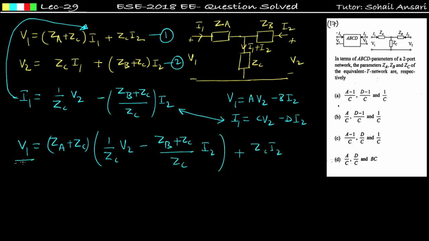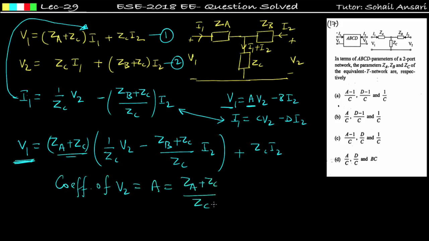Now compare this V1 with the original ABCD parameter. So the value of A is the coefficient of V2. So the coefficient of V2 is nothing but ZA plus ZC by ZC. That is equal to A, that is equal to ZA plus ZC upon ZC.